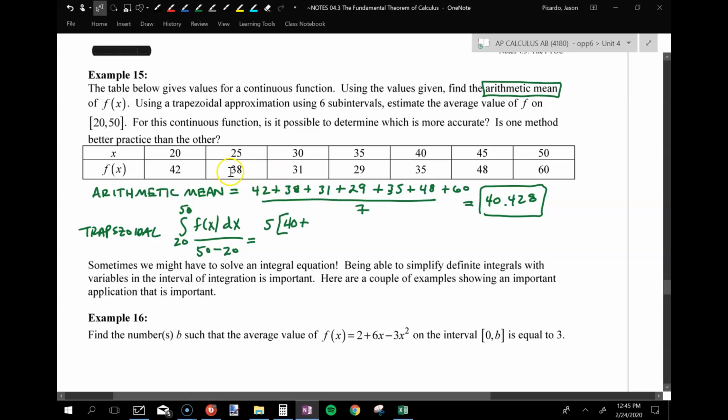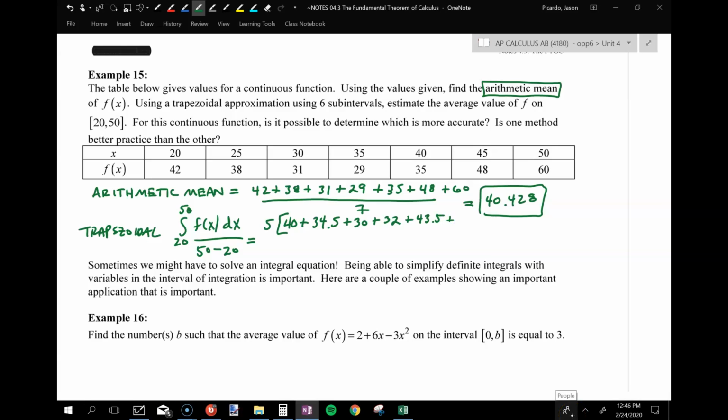So isn't that what this is going to do? So what's the average of these two numbers? 34.5. And then the average of 31 and 29. And then the average of 29 and 35. And the average of 35 and 48. And the average of 48 and 60.